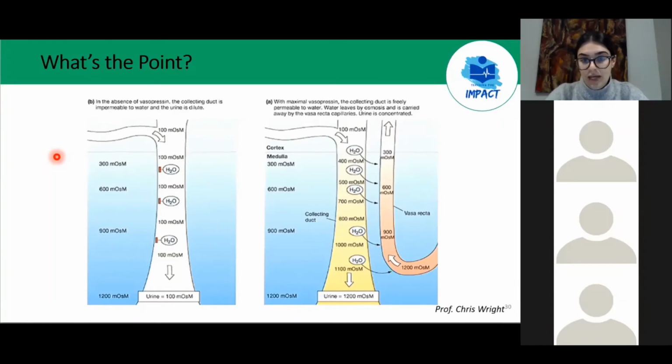So when there is a hypotonic plasma, that inhibits ADH release, so there are no aquaporins inserted into the membrane of the collecting tubule, and therefore the water can't be reabsorbed anywhere. The water just rushes out and creates this really dilute urine. We're not hanging on to any water, and all of the water is just leaving the body, because the plasma is hypotonic anyway. So we want to get rid of it.